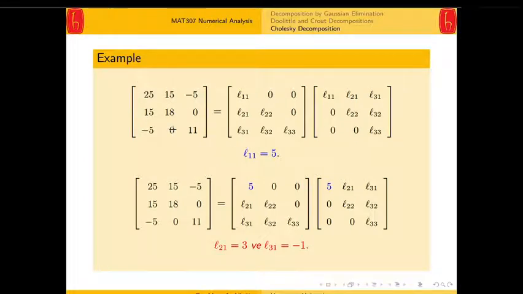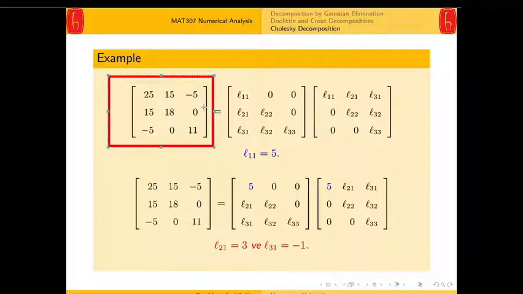Okay, let's see this on an example. This is our matrix. This is a symmetric positive definite matrix. If it wasn't, then we would have some issues while finding the Cholesky decomposition. So this is also a way to check: if you can find the Cholesky decomposition, then it is a symmetric positive definite matrix.